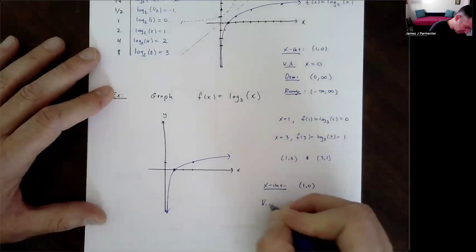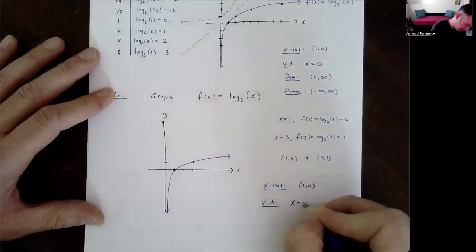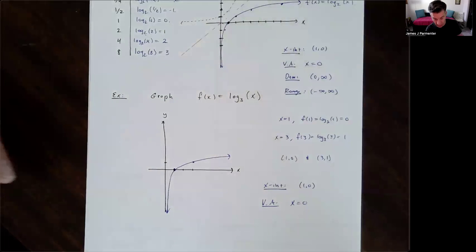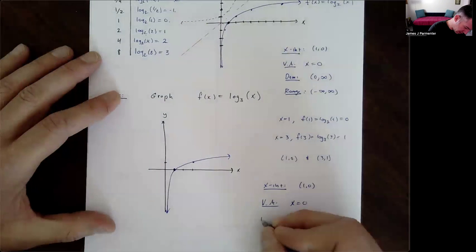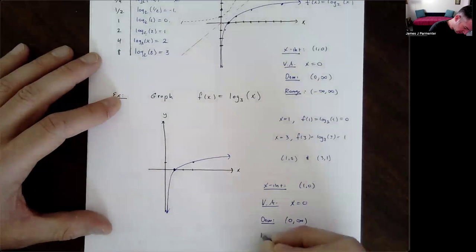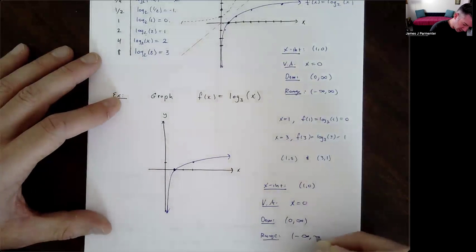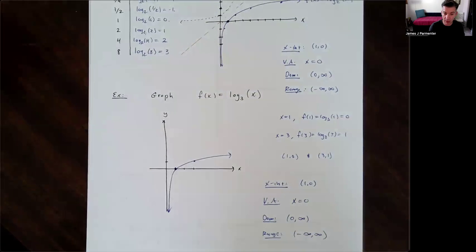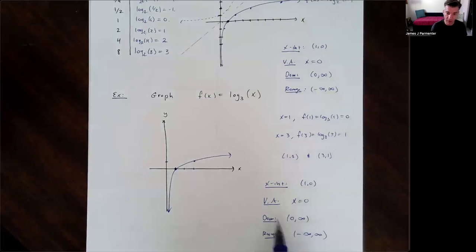A vertical asymptote is x equals 0, right? This vertical line here. Yes, the y-axis is the line x equals 0. And then the domain is once again all positive numbers. The range is once again all real numbers. And kind of like with the exponential functions, if we end up shifting this up or down or left or right, it's not going to change the range at all because you're always going to go all the way down, all the way up, but it might change the domain if we shift left or right.